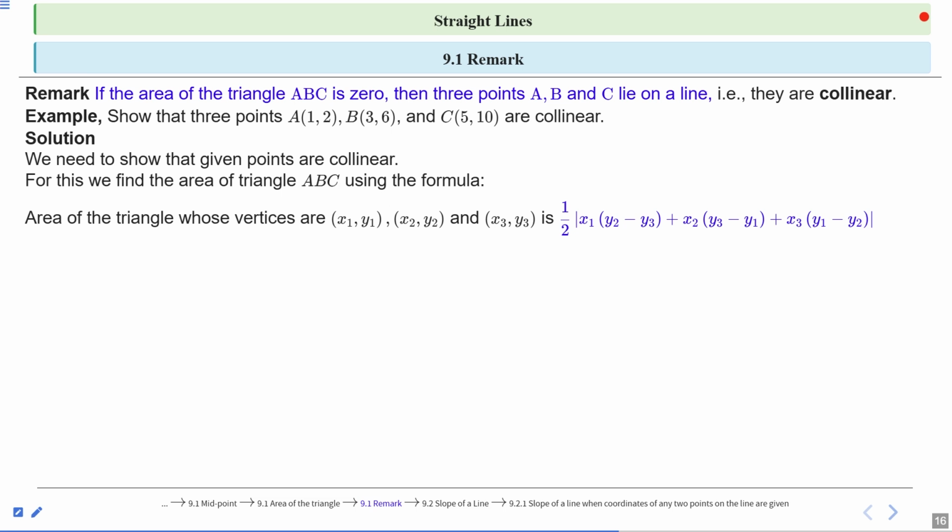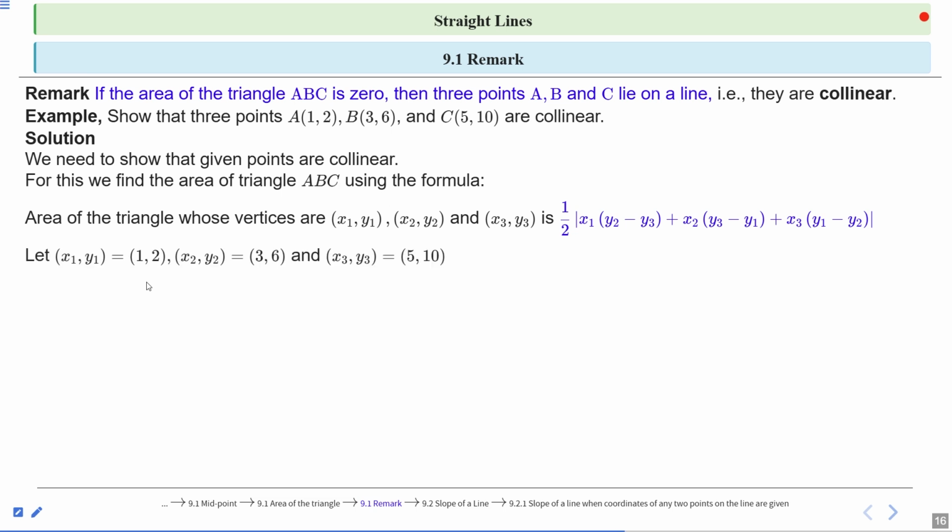The area of the triangle whose vertices are (x1, y1), (x2, y2) and (x3, y3) is equal to 1/2 modulus of x1 times (y2 minus y3) plus x2 times (y3 minus y1) plus x3 times (y1 minus y2). So use this formula for finding the area of triangle ABC.